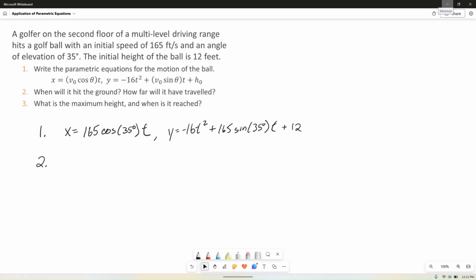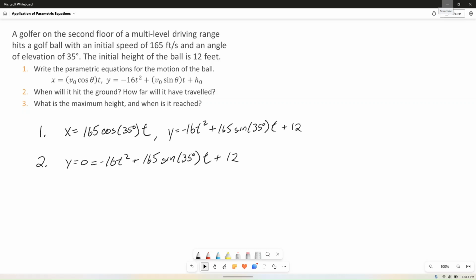The height of an object when it hits the ground is when y is equal to 0. So I want to take my y equation, set it equal to 0, and solve for t. So we have y = 0, or 0 = negative 16t squared + 165 sine of 35 degrees times t + 12.